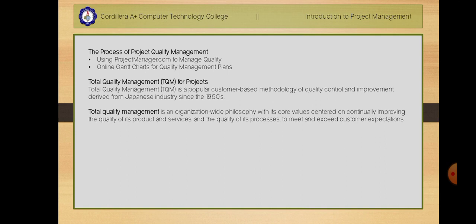So the methodology is you can create an effective working environment where every person strives to consistently improve the product or the process. Because TQM is a customer-oriented methodology, it requires every project team member to be completely involved in the improvement process.